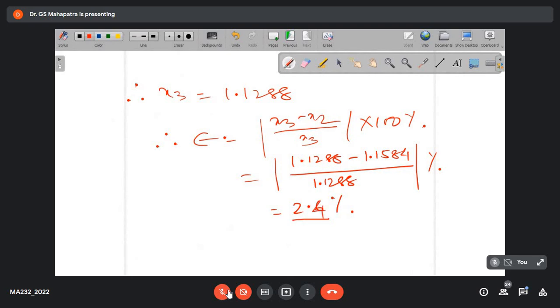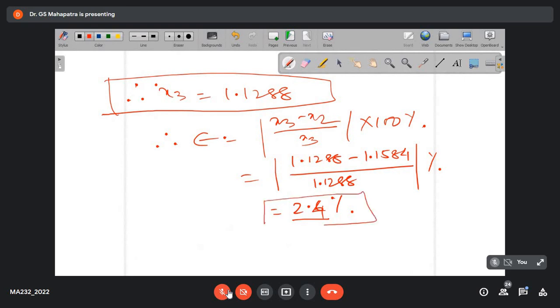Okay, you can stop here, but I think you can find one more. So this is the approximate solution x3. Okay, after 2 iterations, correct? So you can go for one more iteration, then you can check it will be less than 1% error. Okay, fine.